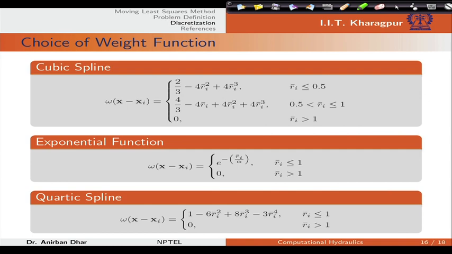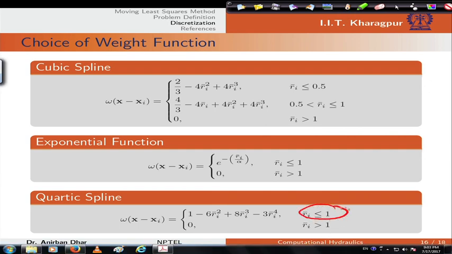If we have quartic spline, in this case again within support domain it is defined in terms of some function which is varying with Ri, and outside support domain again this is 0. So, these three are typical examples for choice of weight function for the MLS approximation.